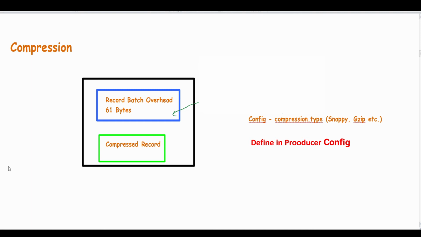On top of that, we can also use a compression algorithm. So apart from clubbing the records in a batch, we can even allow compression techniques like Snappy, gzip, etc., so that the actual records get even more compressed, which reduces the message size.